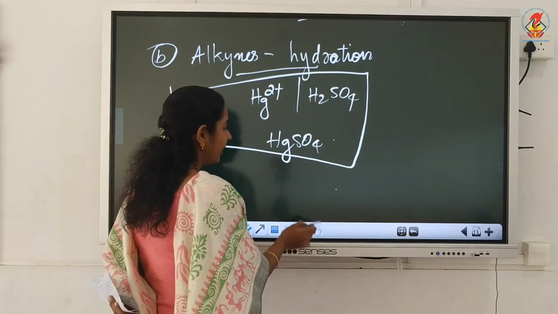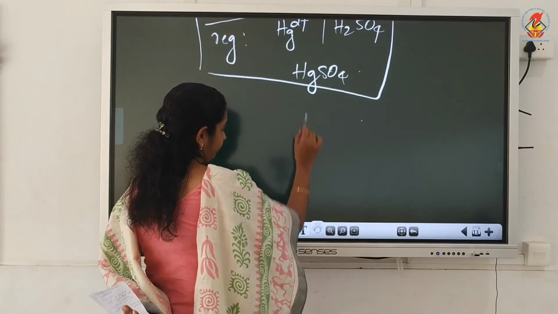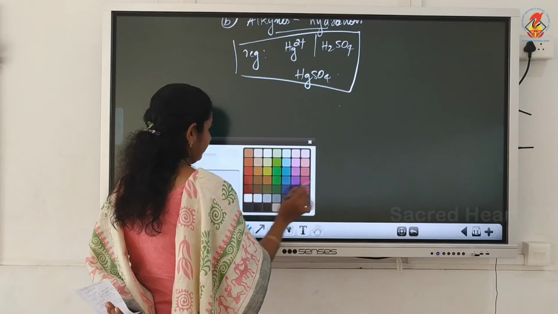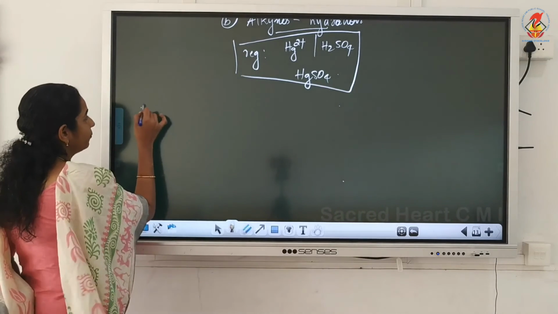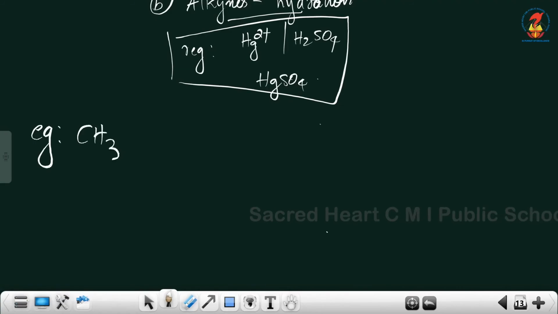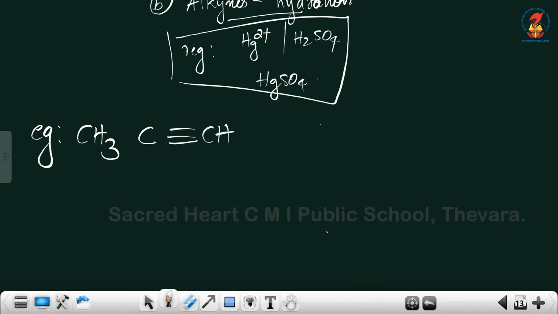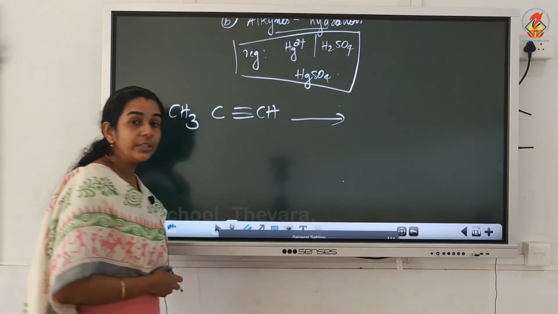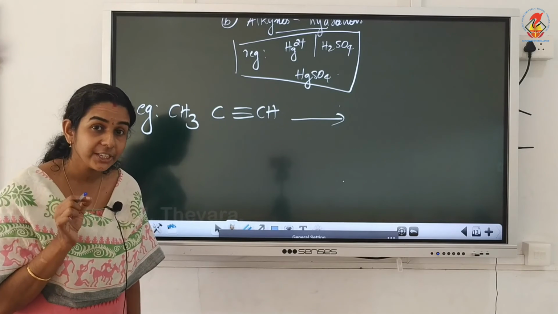Okay. Now the example for the reaction. Take the example of CH3, C triple bond CH. It is an alkyne. So first we know that this is the reagent for hydration, isn't it?